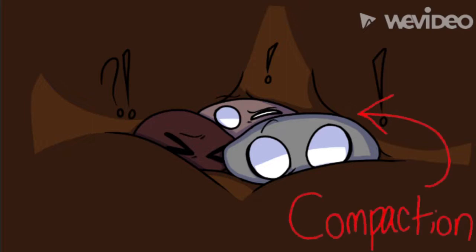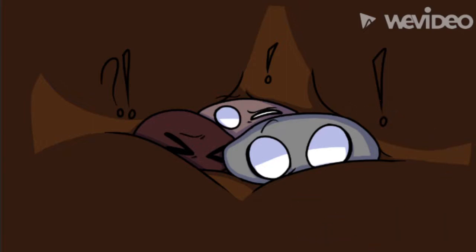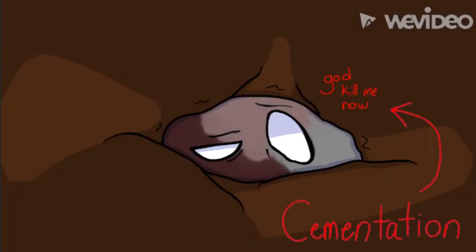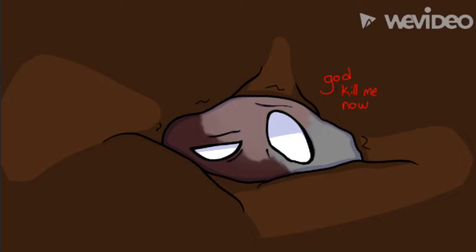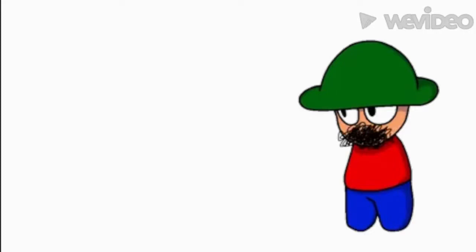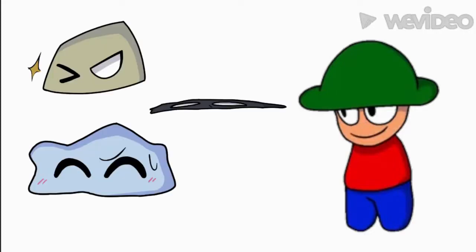This is called compaction. They become so squished and so under pressure that they go through another process called cementation. This is when the squished rocks are hardened and welded together, turning them into sedimentary rocks. Examples of sedimentary rocks are sandstone, limestone, and shale.